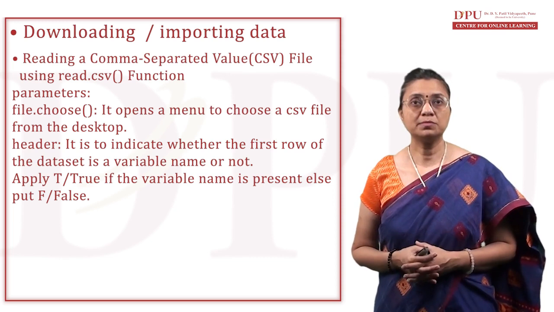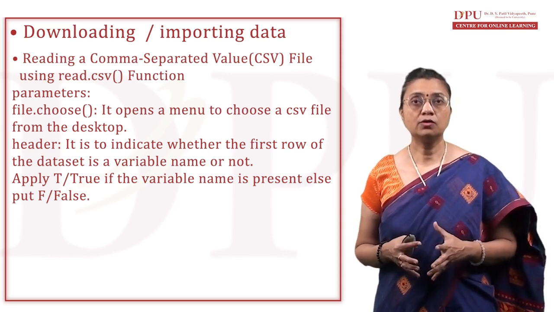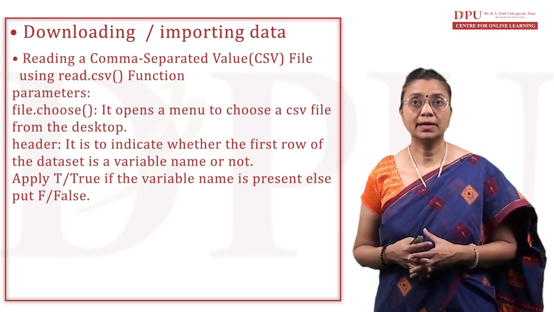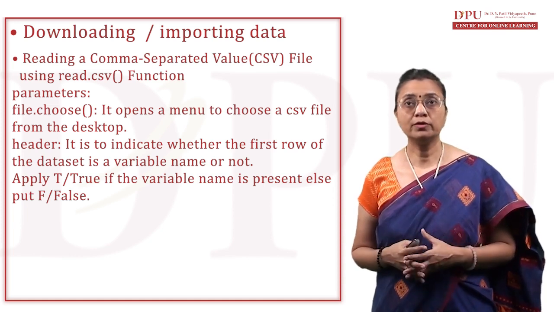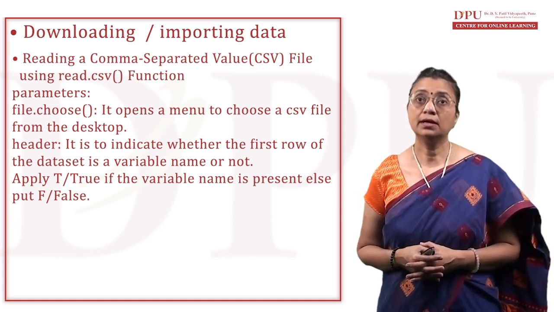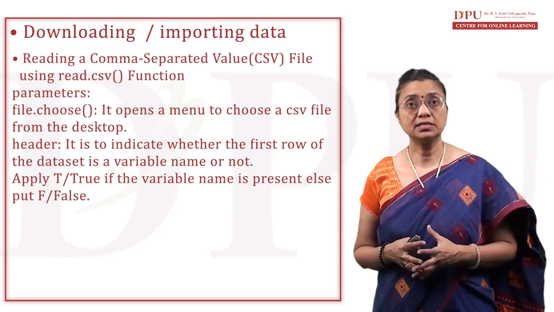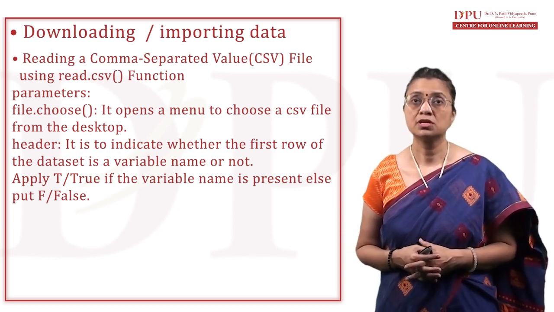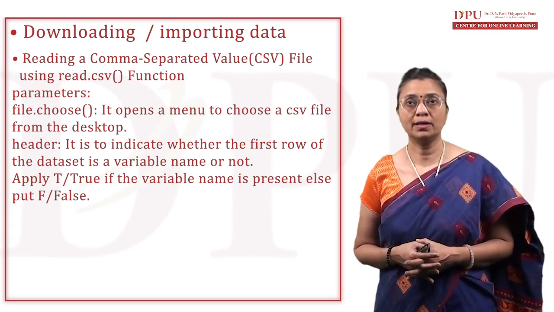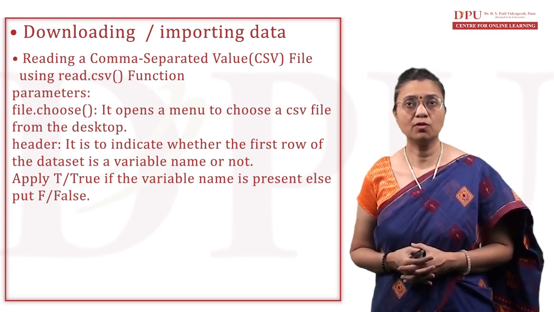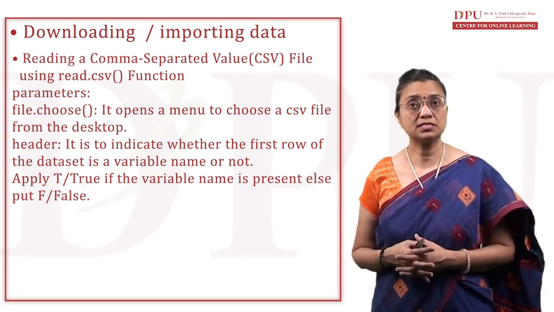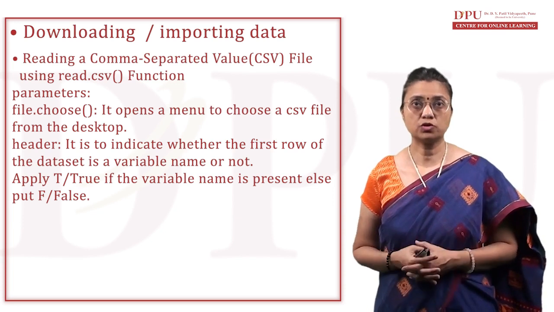The first parameter is the file.choose function that we are passing. It opens a menu to choose a CSV file from the desktop. It will automatically open a menu, and very nicely with the help of our mouse, we can select a CSV file from the desktop.